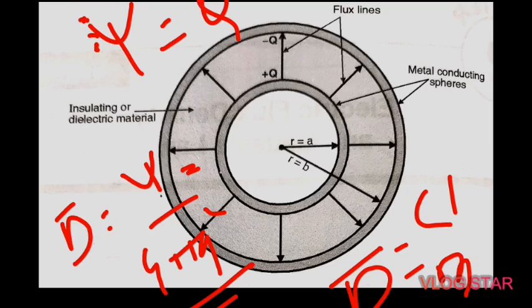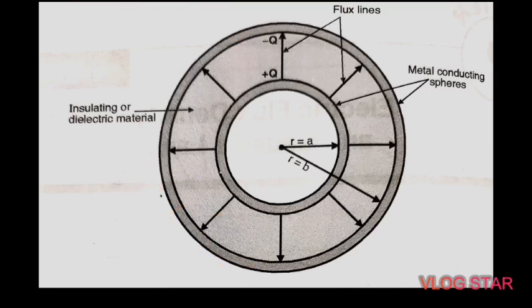Okay, so the direction of D bar, that is electric flux density, at a point is the direction of flux lines at that point. The magnitude of D bar is equal to the number of flux lines crossing a surface normal to these lines divided by the surface area. Again consider two concentric spheres, where a is the radius of the inner sphere and b is the radius of the outer sphere.